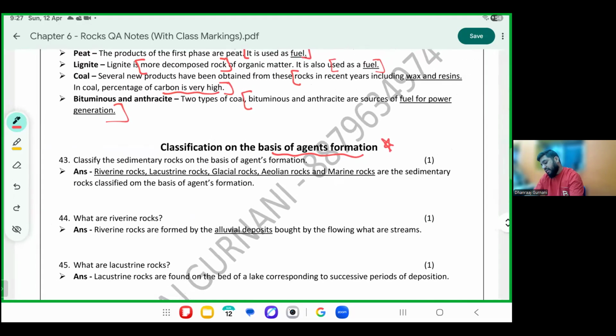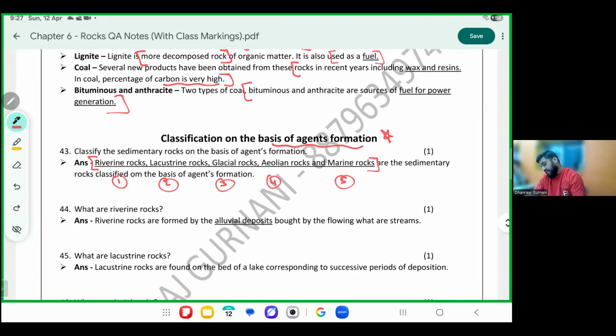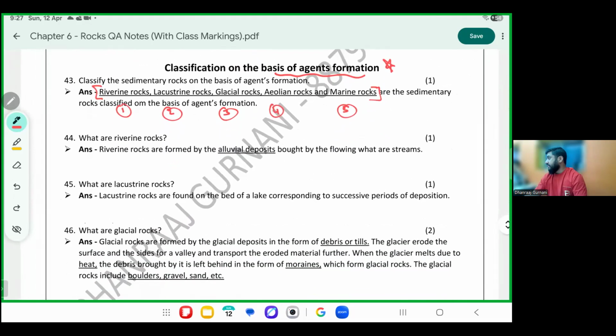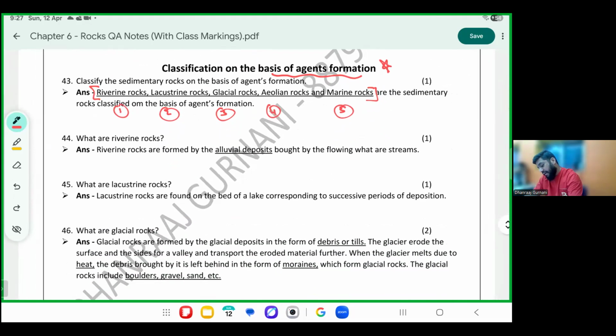Sedimentary rocks on the basis of agents of formation are riverine, lacustrine, glacial, aeolian, and marine. They are all sedimentary rocks. Riverine, as the name says, are formed by rivers, that is alluvial deposits.